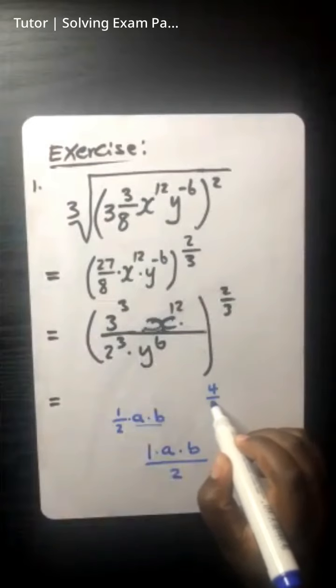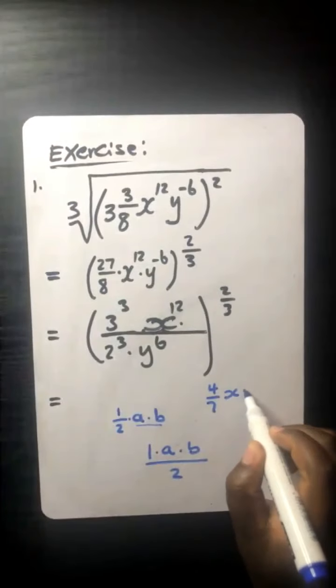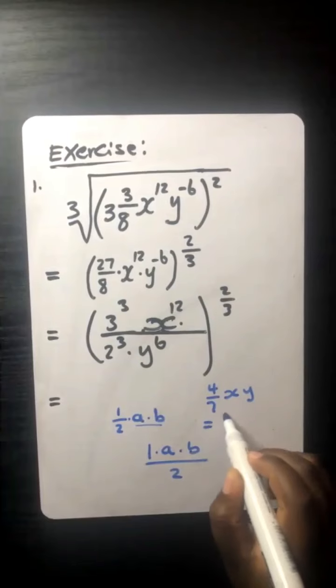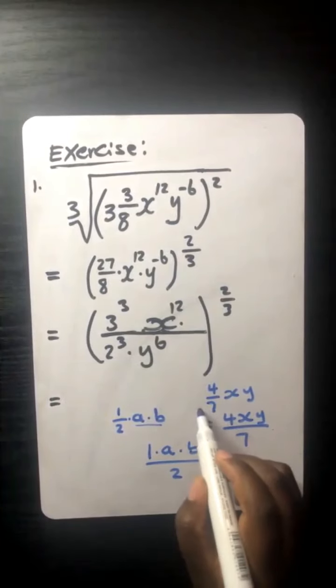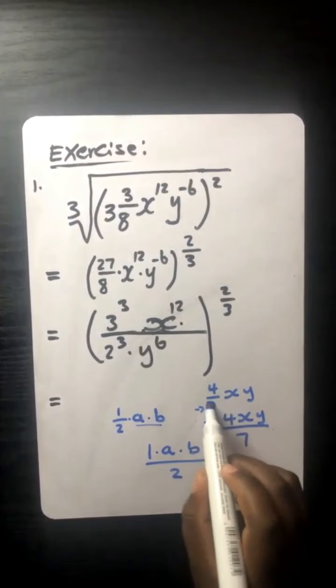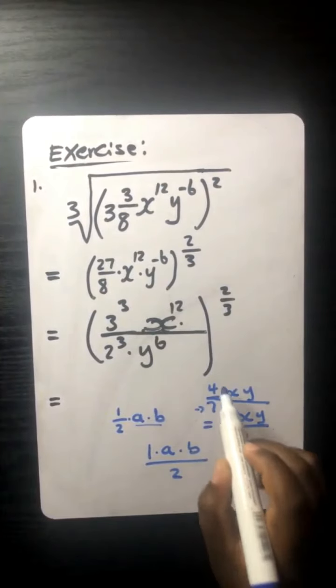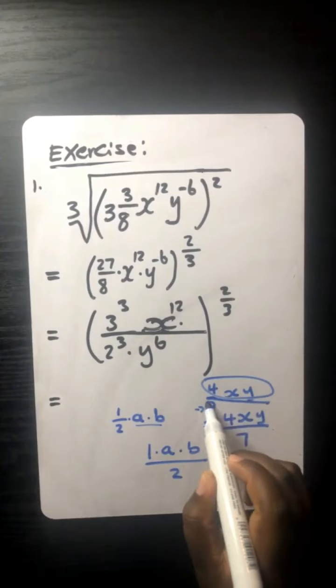Guys, if you've got 4 divided by 7 xy, this is the same as 4xy divided by 7. So that 7 is not only for 4, but you can just extend that line, then you have everything at the top divided by that.